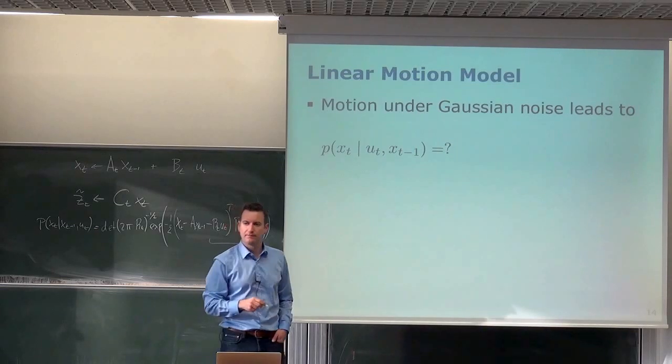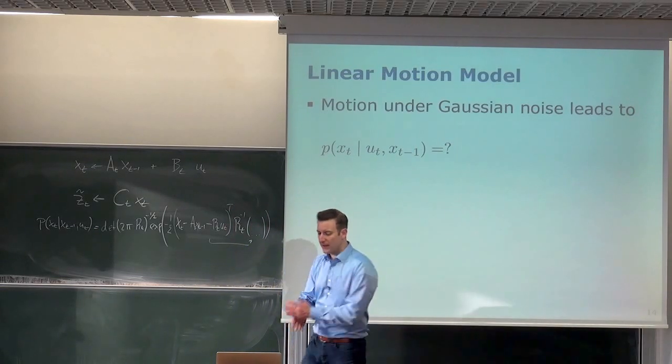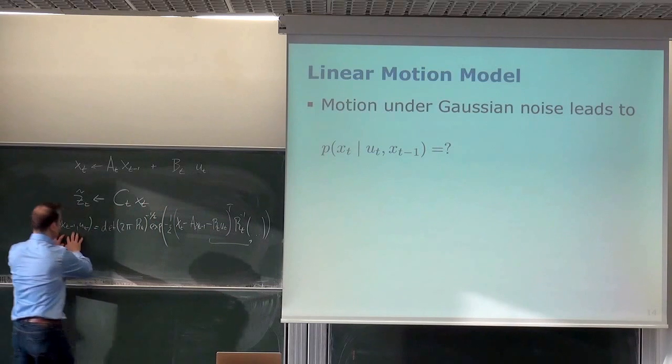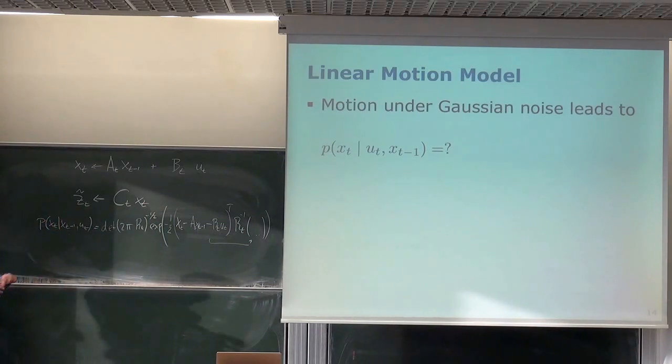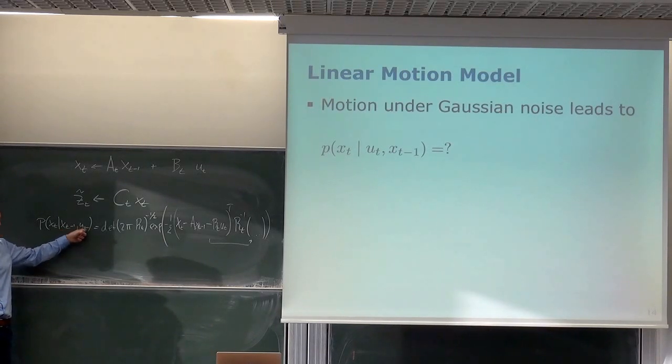Okay? So this is my linear motion model. So how does a state evolve? Given I was at xt minus 1 before, I execute the command ut, and I end up at xt.